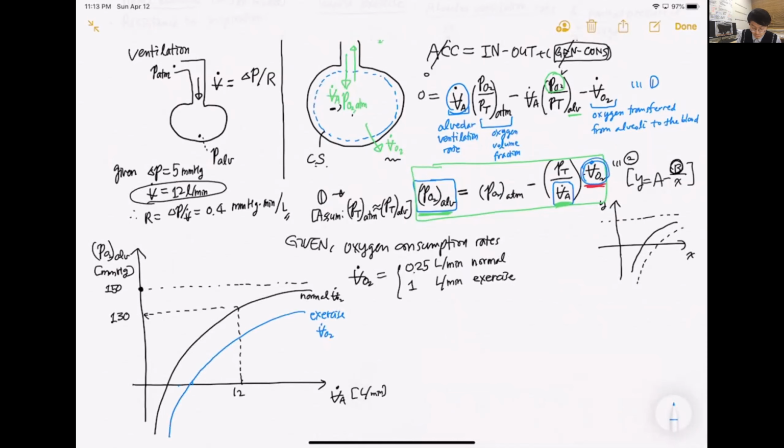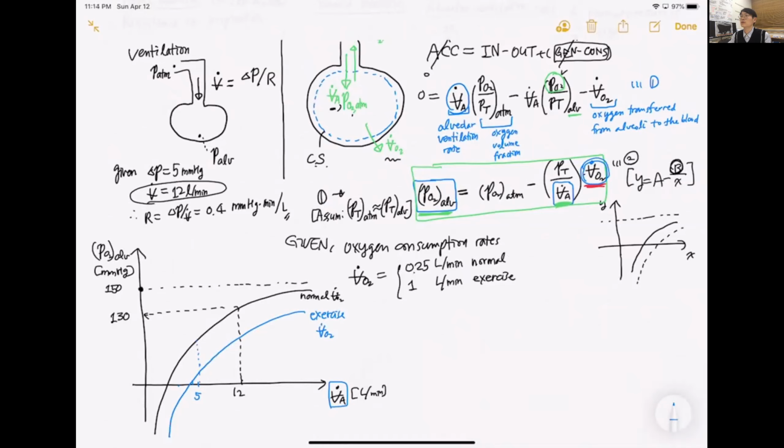And the question, let's say about 5, alveolar ventilation of 5, so from here, let's move on.